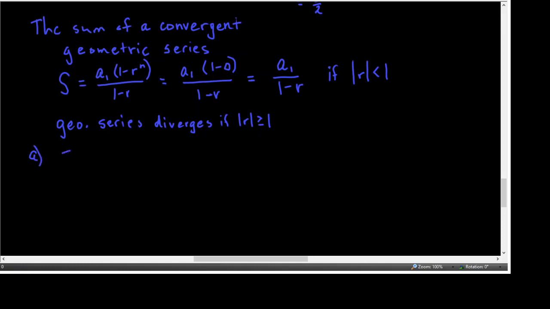We're supposed to find this infinite sum, starting with i equals 1 and going to infinity, of negative 3/4 times negative 1/2 to the i minus 1.